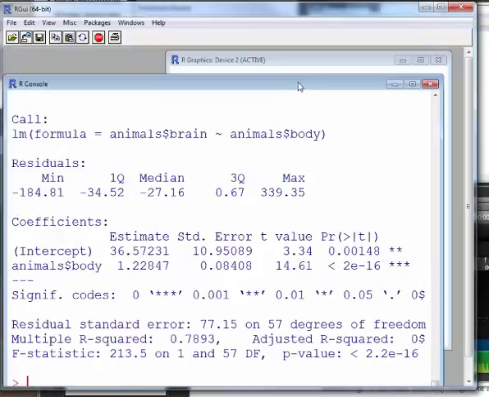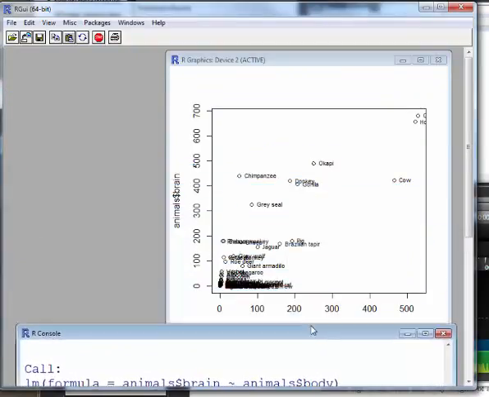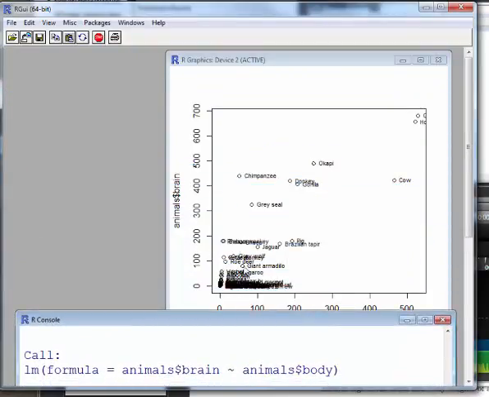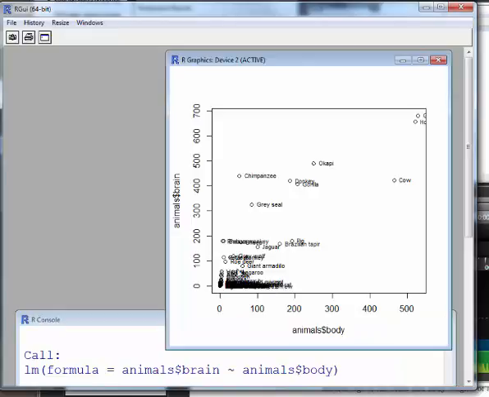Notice, however, that even though that r-squared value is high, that may be largely due to the fact that there are a bunch of animals down in here, and they're going to tend to get close to the line just because they're so concentrated there. You can see, however, that there's this fanning out.